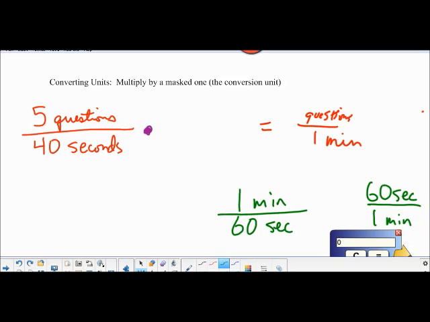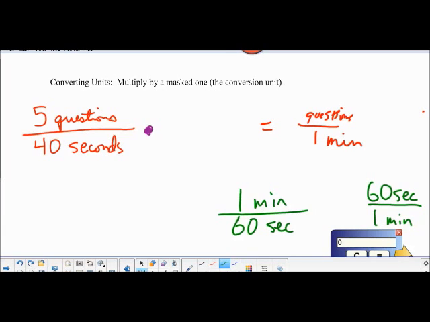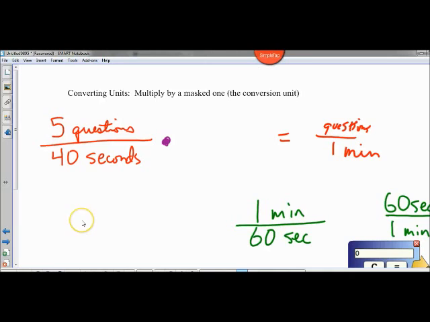Okay, now this is a topic, converting units, that a lot of people struggle with when they are converting.